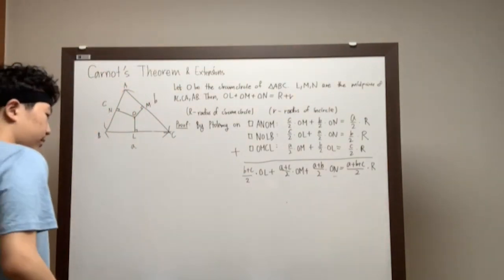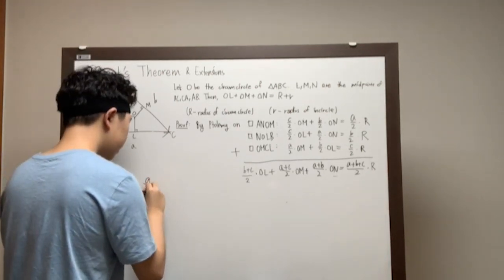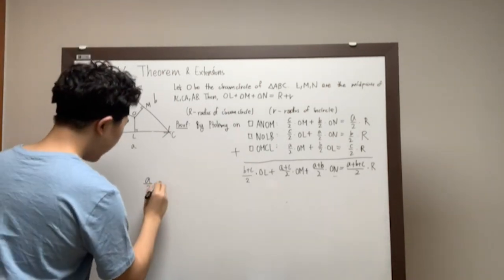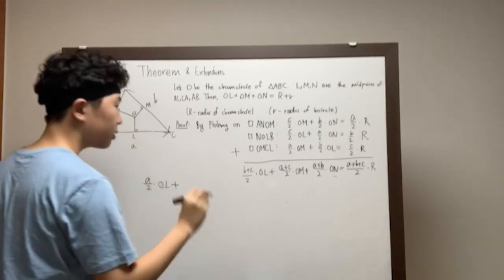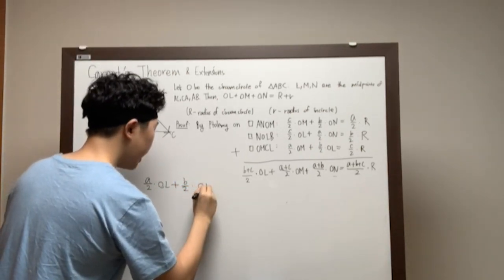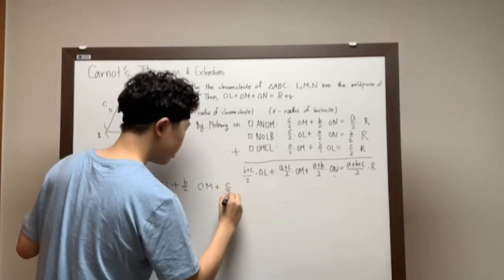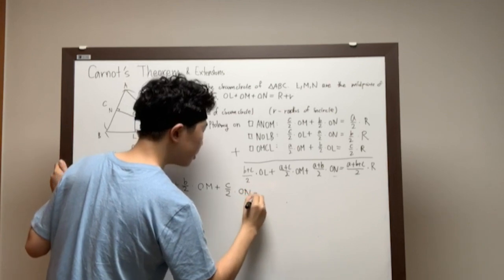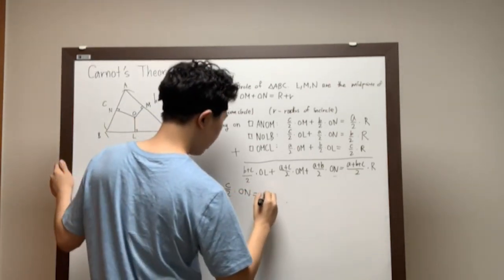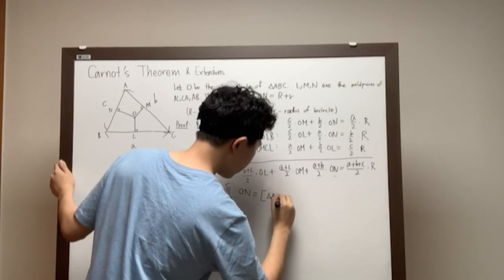Note that a over 2 times OL plus b over 2 times OM plus c over 2 times ON is equal to the area of ABC.